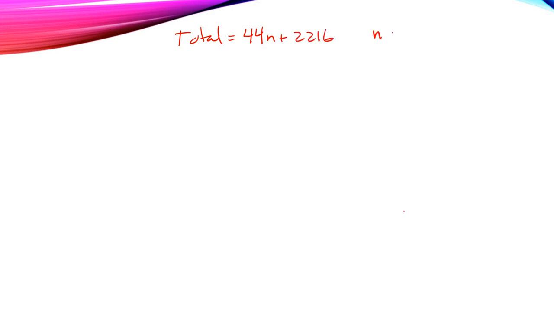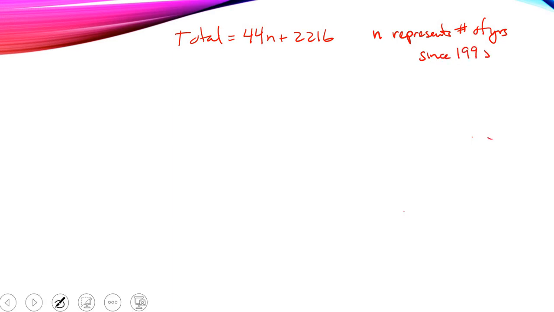N represents the number of years since 1985. So remember, this is a linear equation. If I were to graph this, I would start at my y-intercept of 2216.